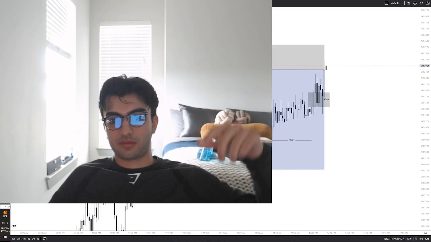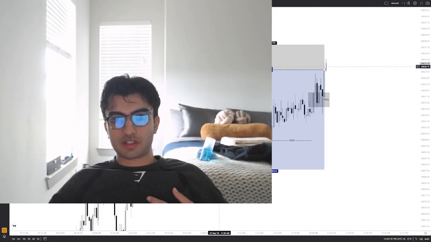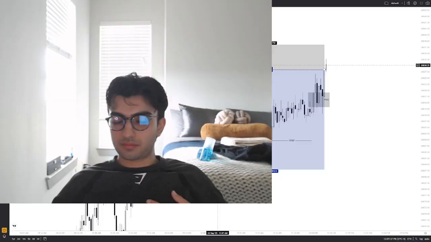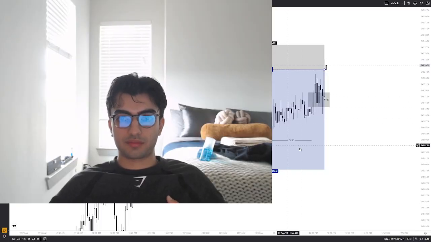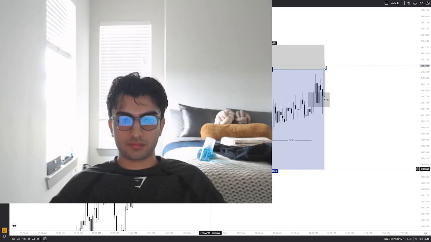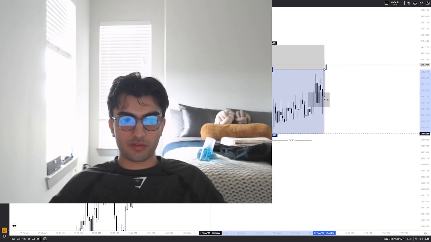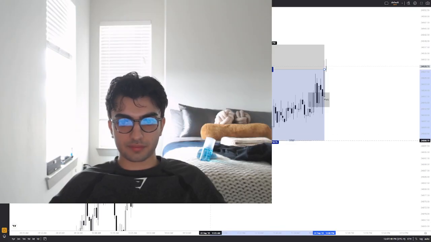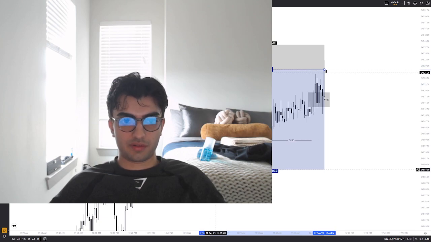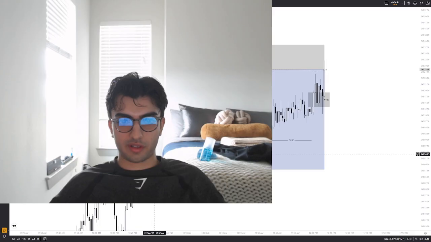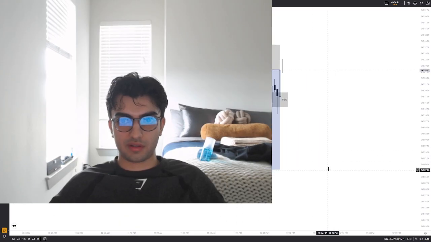Inverse that fair value gap. And then dumped. So take profit was pretty good down here, but didn't meet my requirements. I wanted this draw on liquidity. There wasn't really any major draw except for like right here, which we didn't really find yet.